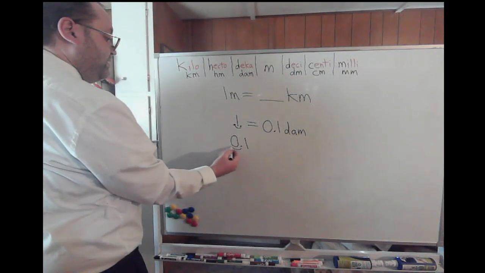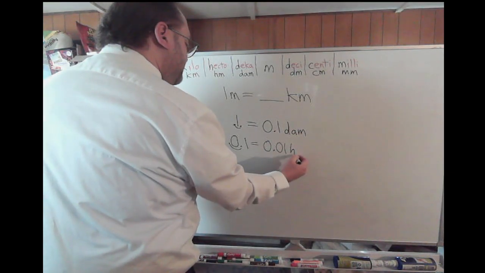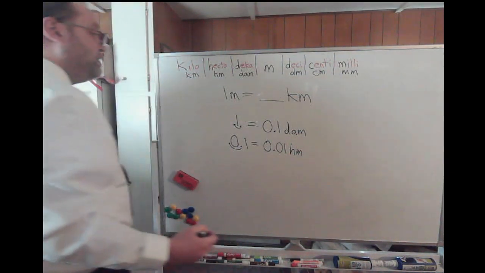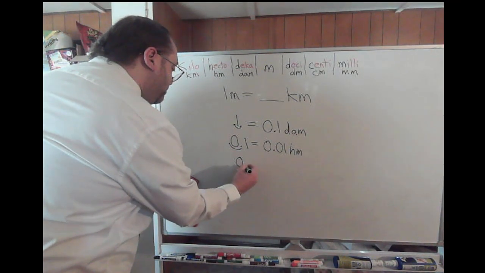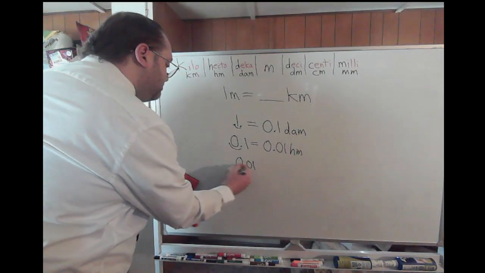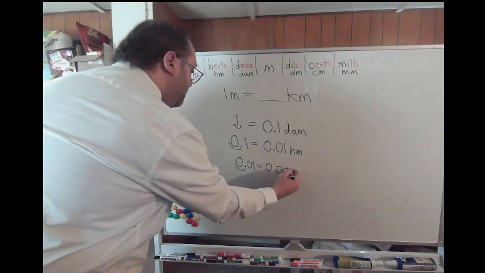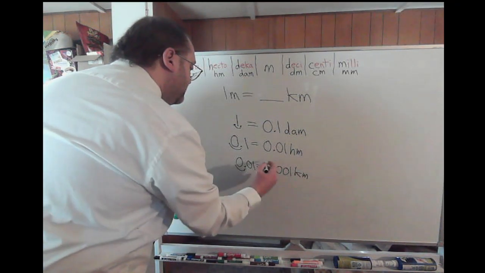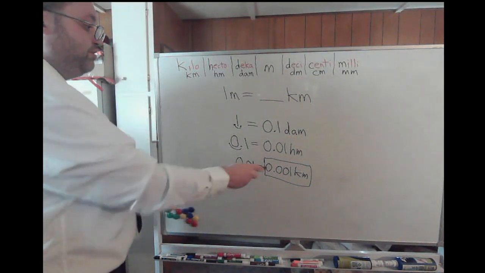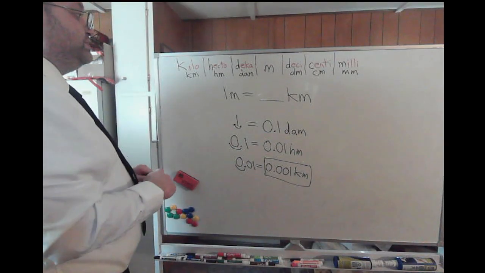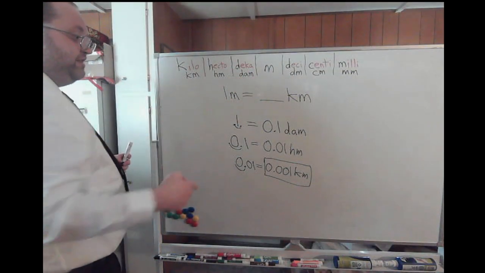Since you're going to the left units, you'll have 0.01 hectometers. Then if you move it one more place to the left, you'll get kilometers. So take the 0.01, move it another decimal place to the left, and you'll have 0.001 kilometers. So a meter is a thousandth of a kilometer. You just go back to the left through the units till you arrive at your desired unit.